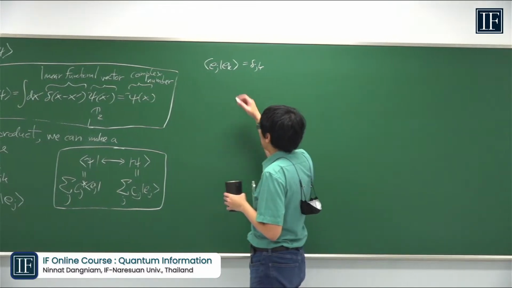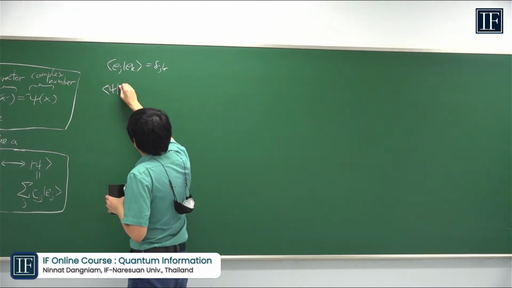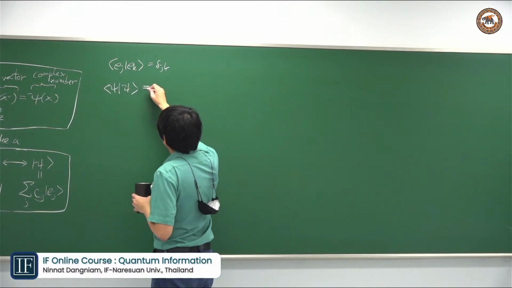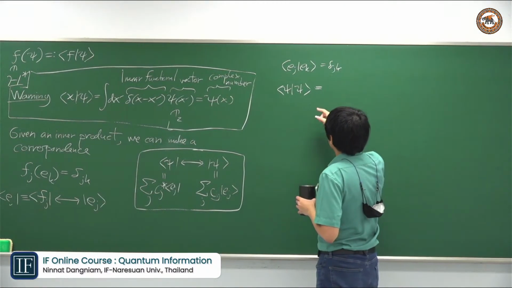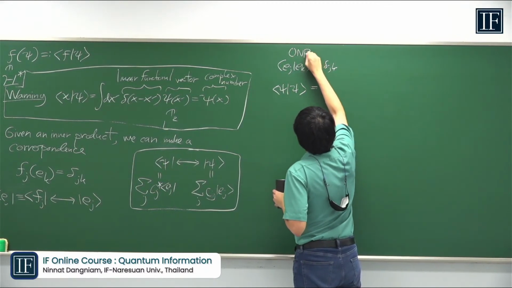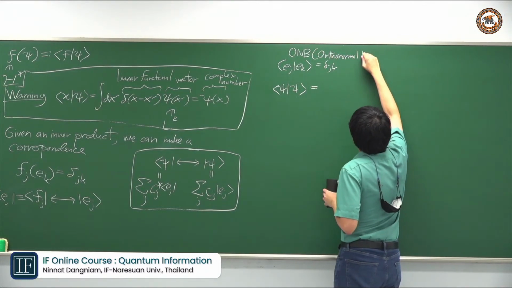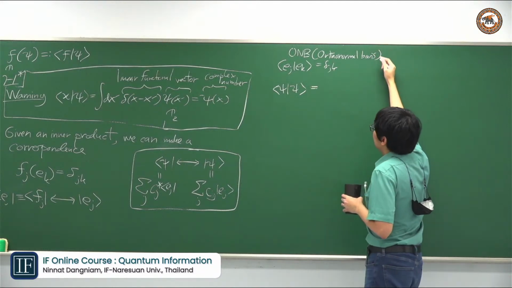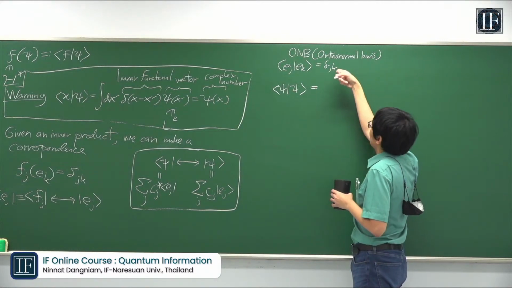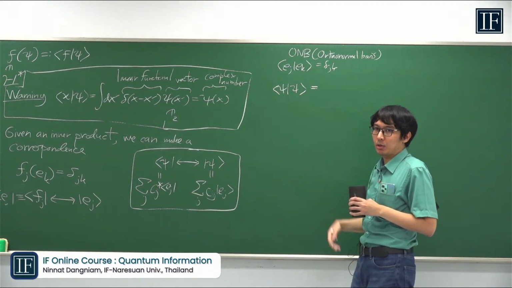So in general, you can take the bracket of any pair of vectors, right? But if I take the bracket of the same thing in this basis, let's just define right here that this is called an orthonormal basis if it's normalized and orthogonal, and it is also a complete set in the sense that it spans the whole vector space.